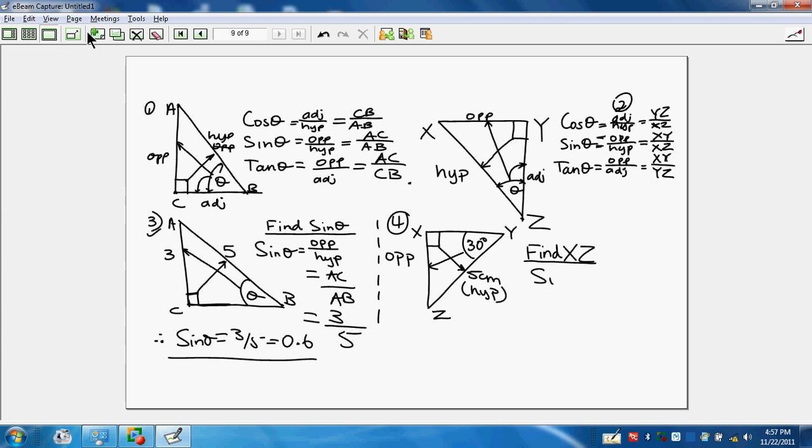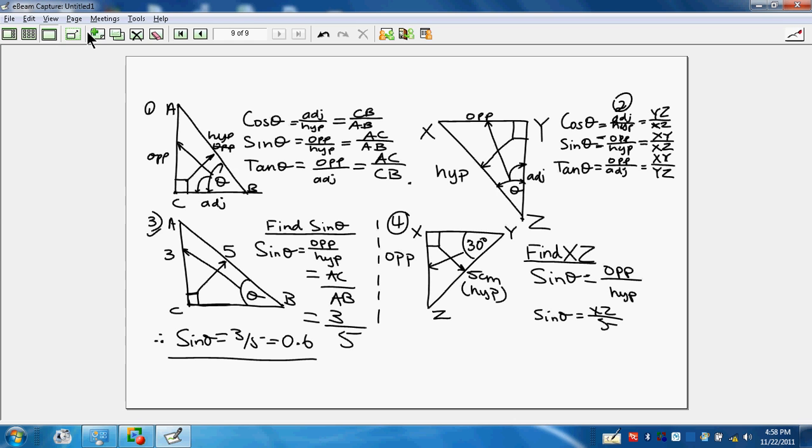So we write sine theta is equal to opposite over hypotenuse. In this case, it will be XZ. Sine theta will be equal to XZ over 5.